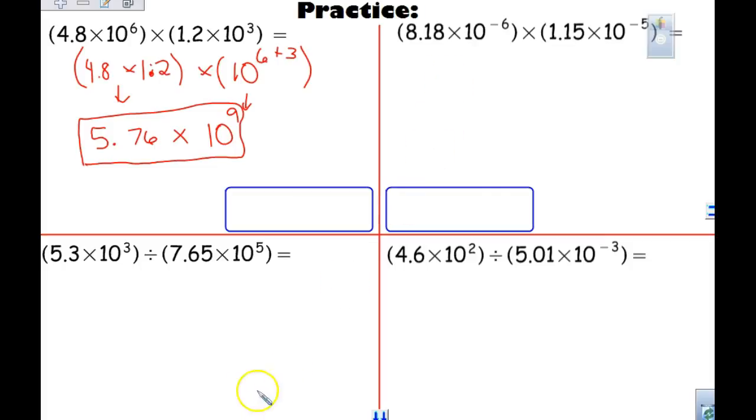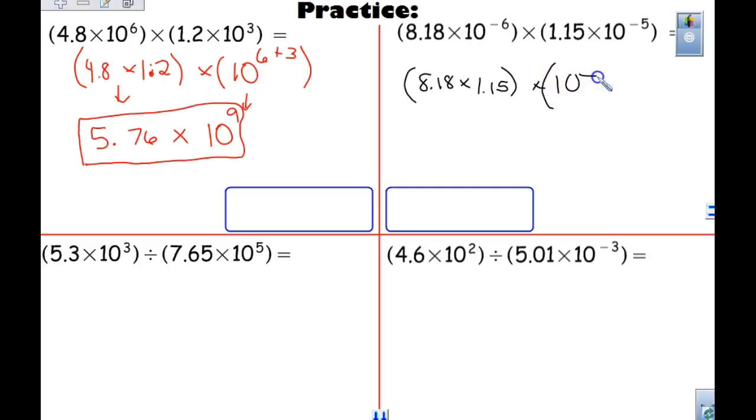So when you're writing that next one, I want you to kind of write it in the same way. When you do your homework tonight, I want to see this, that you're doing 8.18 times 1.15 times 10. Peter, what power should I put to the 10? What do I have to do with my exponents? Okay. What am I doing with the negative 6 and negative 5? Adding them.